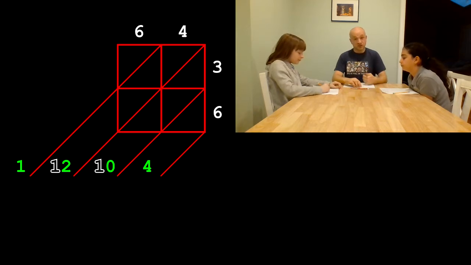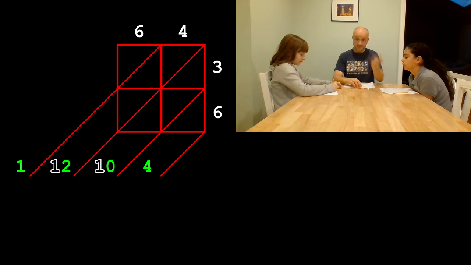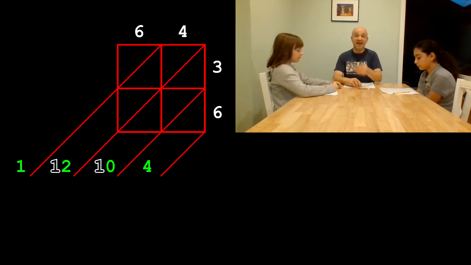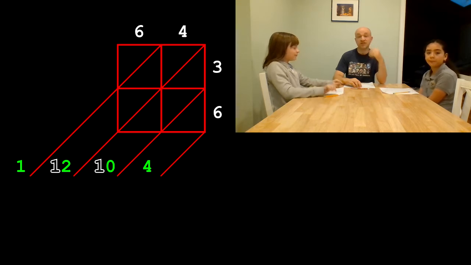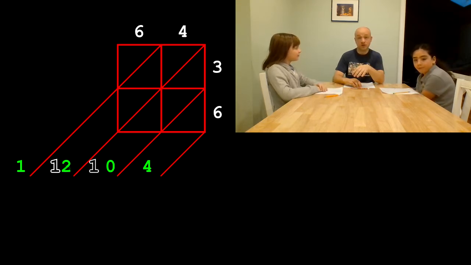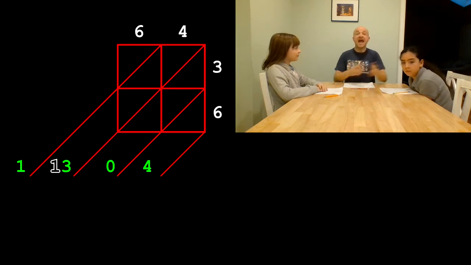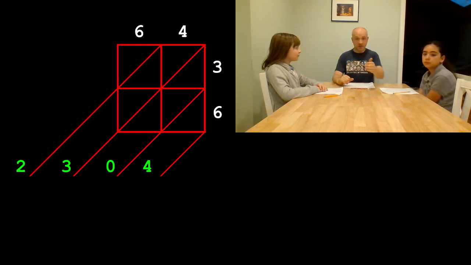Just like in the traditional method, the 1's digit stays, and the 1 from that 10 carries over to the next one. That turns the 12 that's sitting there right now into a 13. And again, that 1 from the 13 has to push over to join the 1 in the next slide. That makes the 2. And reading across, you see your 2,304 as it is supposed to read.